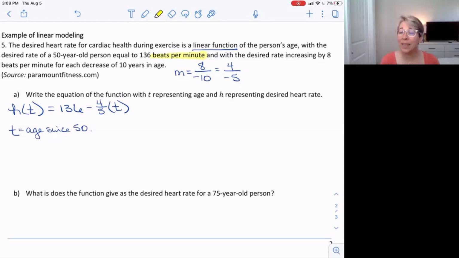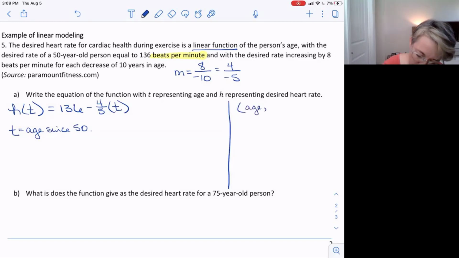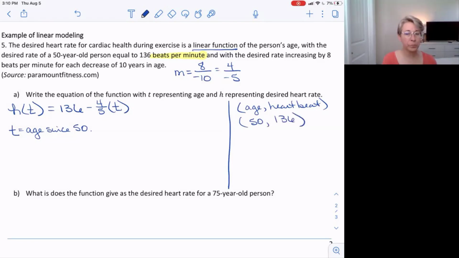So here's something else that you can do in an example like this. Remember, to find your slope, you need 2 points. So if you're not sure about that 8 and -10, then let's go to our points. We have age and we have heartbeat. We know a 50-year-old should have 136 beats per minute.